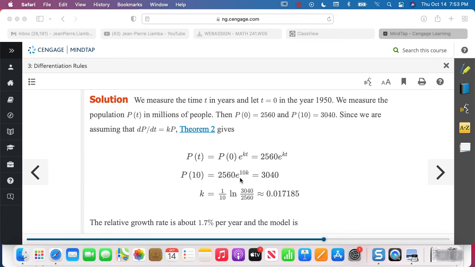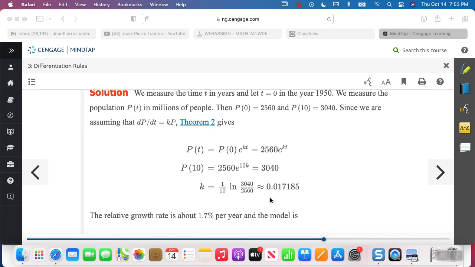So you get 10k equals the natural log of 3040 over 2560. Then to get k, you divide by 10. When you use a calculator, you get your relative growth rate, which is 0.017185. Usually, when you write it down, you multiply by 100 to get 1.7% per year.